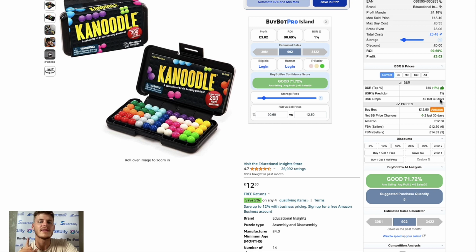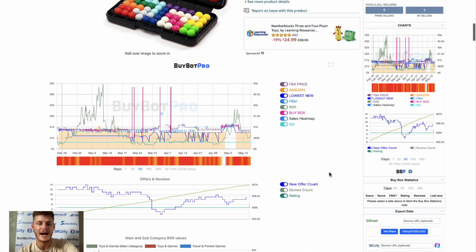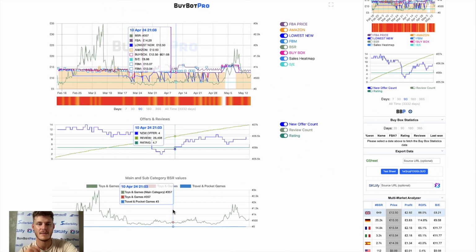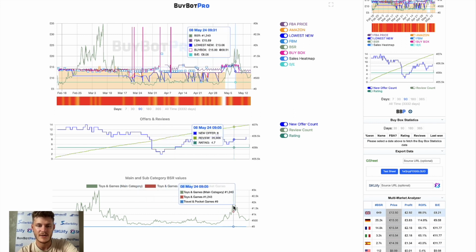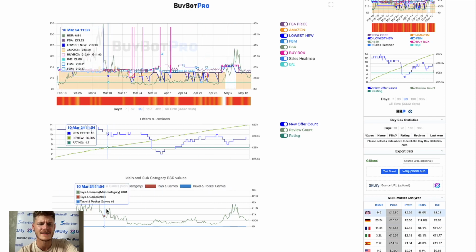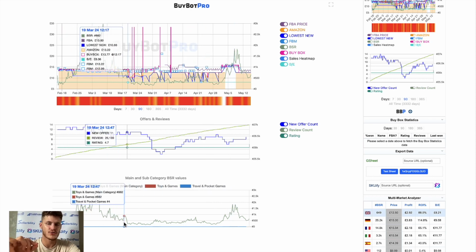Now, another way that we can assess this exact same thing is by looking at the BSR line either on the main sales chart or over here on the main and subcategory BSR values chart. So it's basically the amount of times it has, as I say, dropped. And we can assess whether they were big or little drops, and if they were all in a short space of time or over a long period of time.